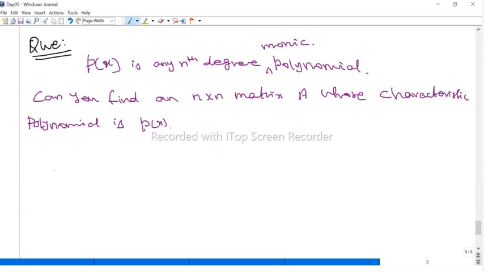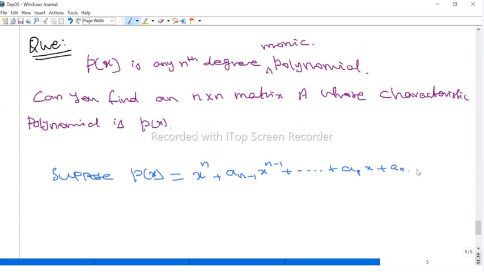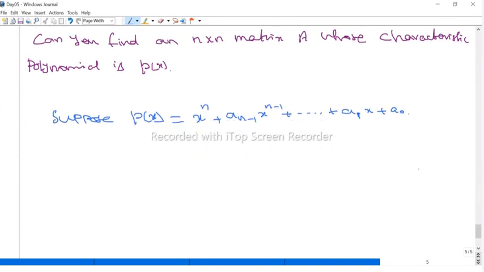Suppose p of x equals x to the n, the coefficient should be 1, and then the others are anything: a n minus 1 x to the n minus 1, plus etc., plus a1 x plus the constant term a0. The constant term may be 0, anything. But the only condition is the leading term should be 1 and the degree should be n. Suppose this polynomial is given.